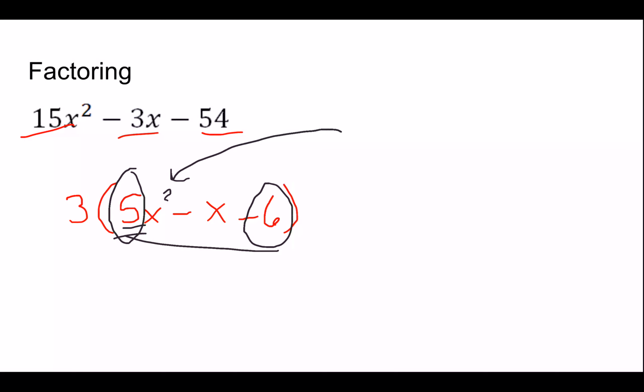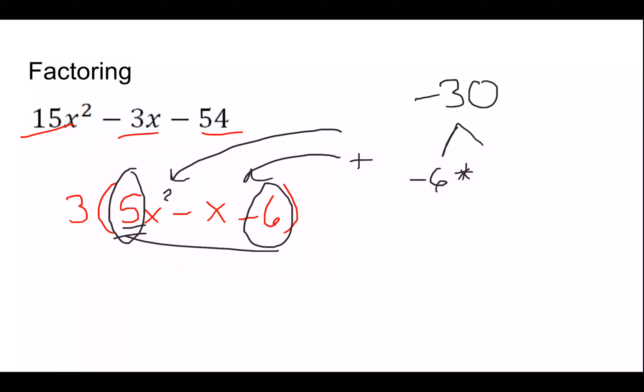So we take 5 and 6, so I get negative 30. Now I'm going to think about the things that multiply together to give me negative 30, then add together to give me negative 1. And those things would be negative 6 and positive 5.